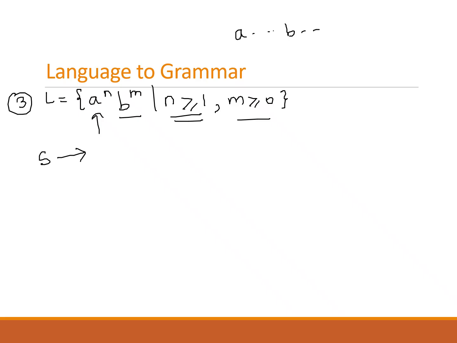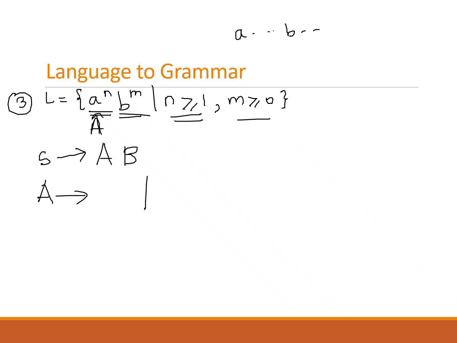Okay, so now since we need to follow this sequence A and B, what we can do is introduce two non-terminals now. So one non-terminal will govern this n condition and the other will govern the other condition of m. So now this A is basically governing my A raised to n. So how many A's do I need?